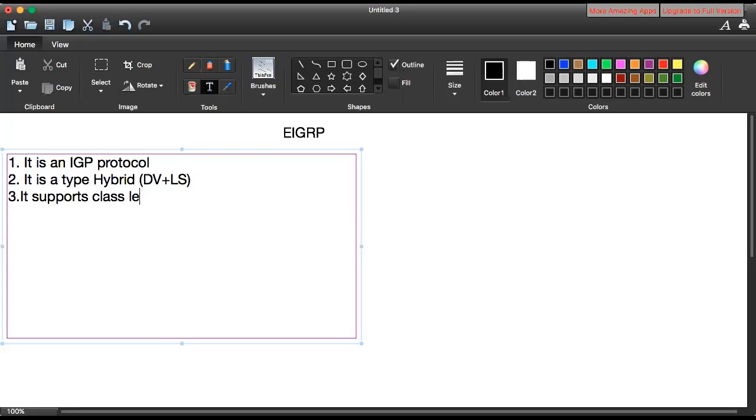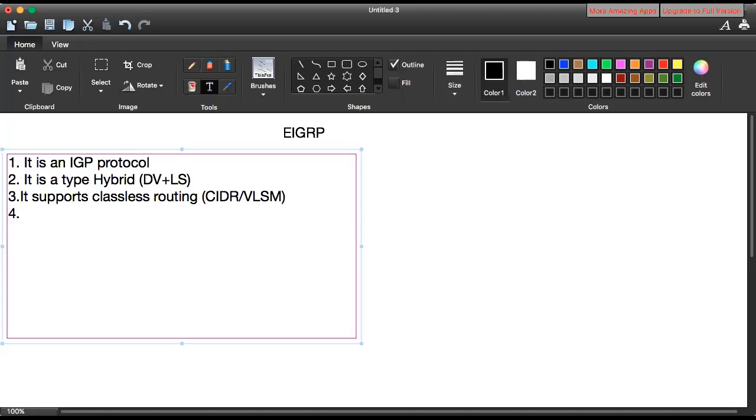What does that mean? That means it supports CIDR and VLSM.